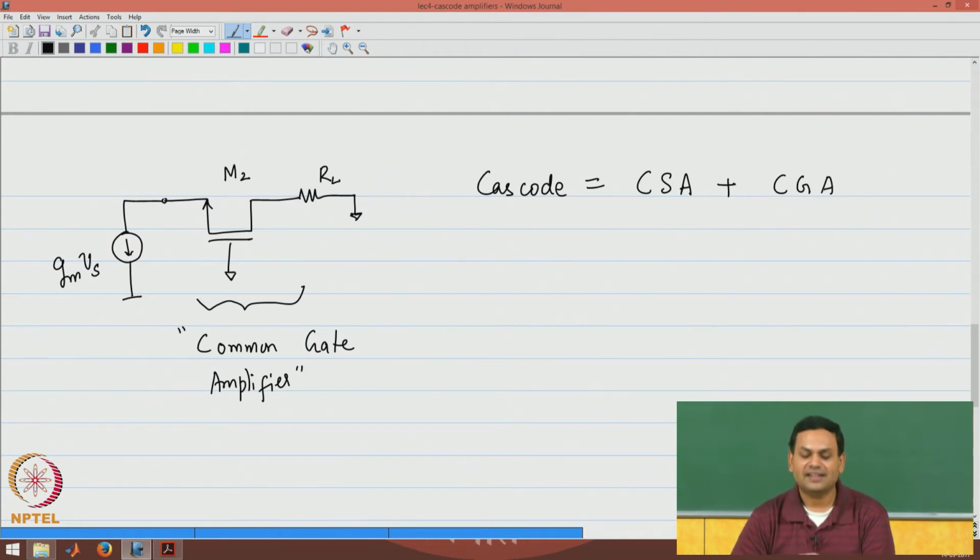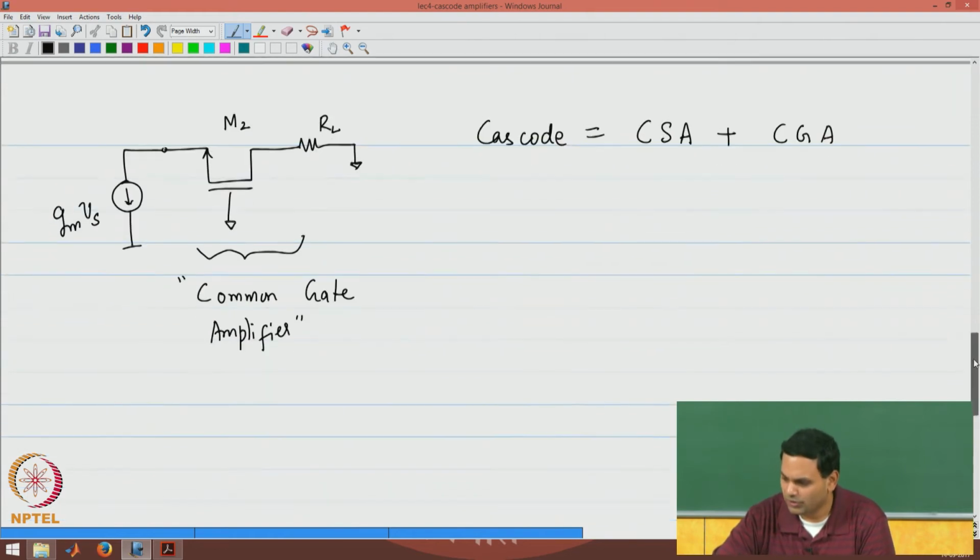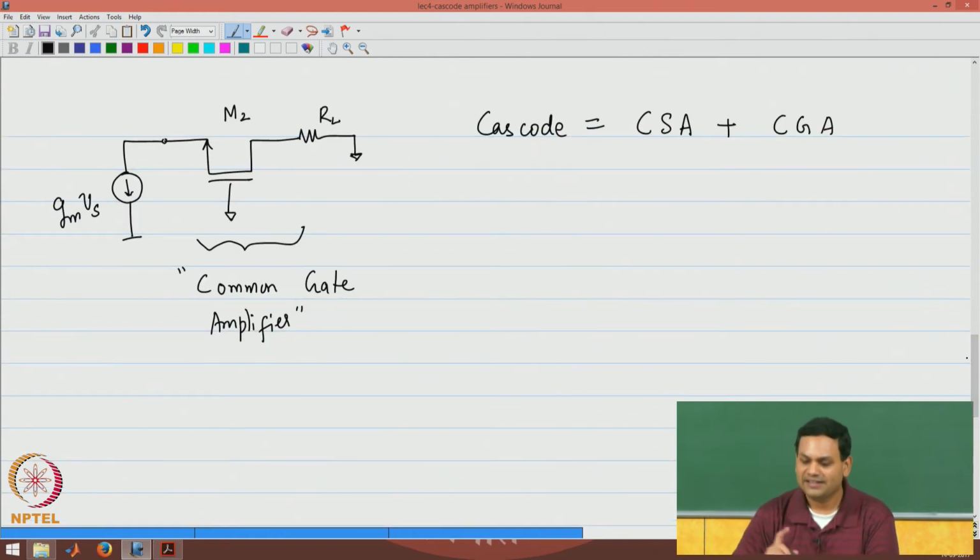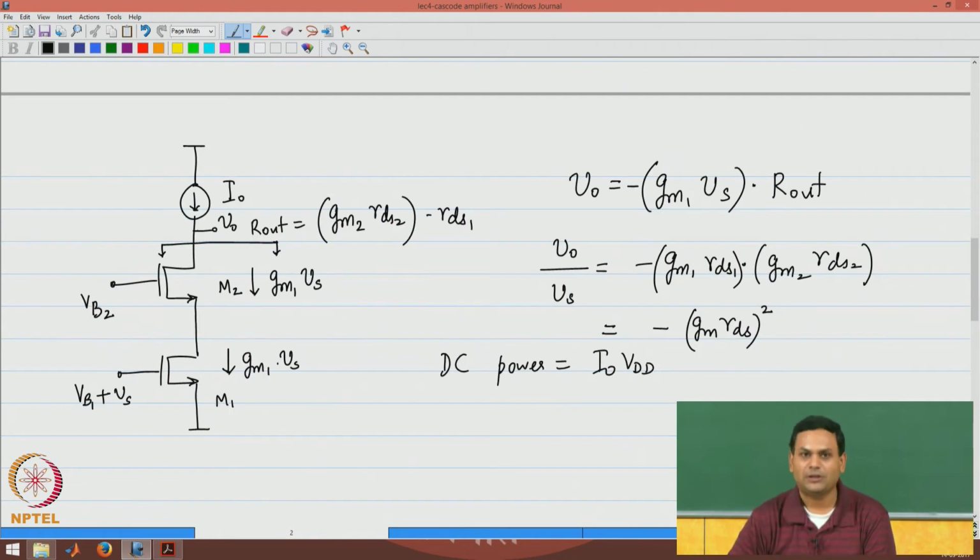Now, you can see that we have used M2 as an NMOS transistor. In reality, M2 need not have the same size, so it could have a different Gm and a different rds, and that would be a design parameter of interest. But first, let us look at the constraint on VB2. Because it is a common gate amplifier, the gate voltage VB2 has certain constraints.